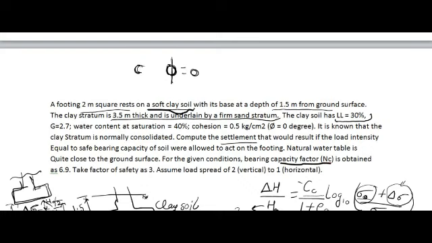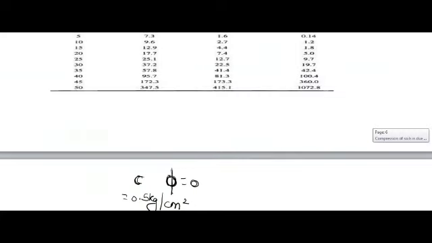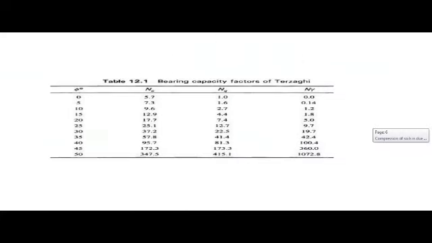Cohesion is given, how much? It is given as 0.5 kg per centimeter square. So for clay soil, cohesion is given, whereas the angle of internal shear resistance phi is 0.